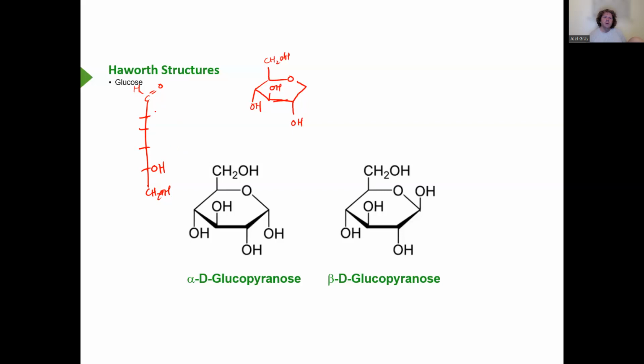Then I've got on carbon 2, OH, carbon 3, it's on the left, carbon 4, it's on the right. So right, left, right. That translates to down, up, down. That's the way that I remember how to convert a linear form of a sugar to a cyclic form of a sugar. And you will need to be able to do that on your exam. Whether that hydroxide group is down or up, that's going to dictate whether you're talking about an alpha or a beta sugar.